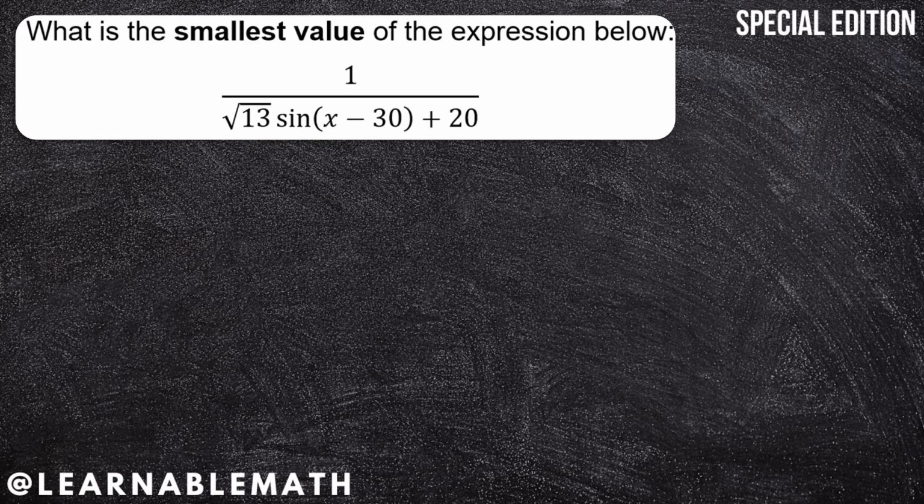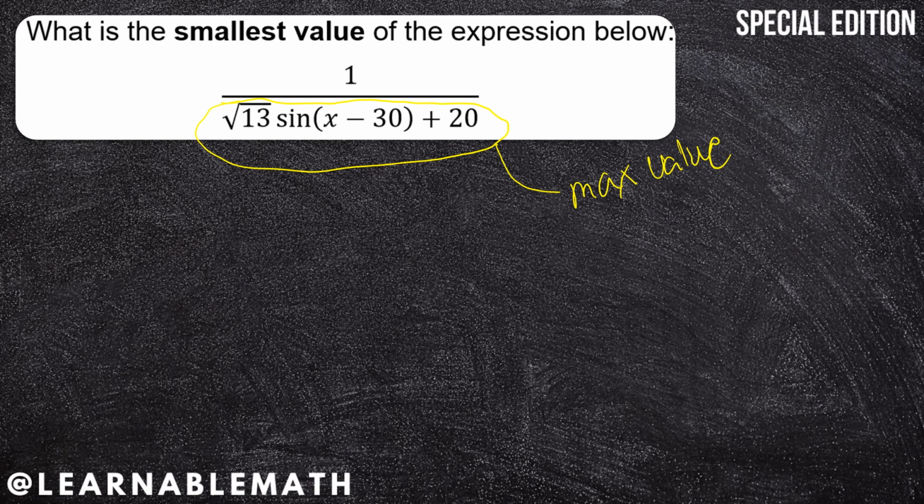Remember guys, for a fraction to give us the smallest answer, we must be dividing by the biggest value. In other words, they're indirectly asking us what is the maximum value of this denominator, which is root 13 sine (x minus 30) plus 20.